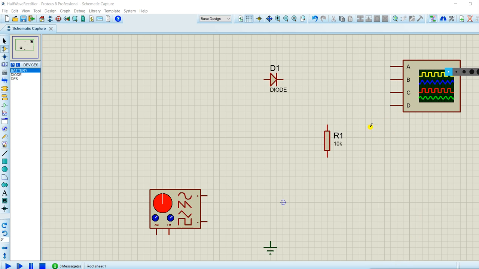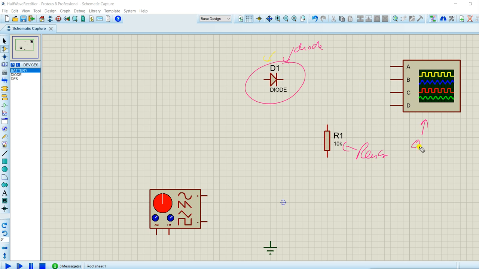Now we can see this is the Proteus software. Here now what we have to do is join the connections. But before joining the connections, let us see all these components. This one is our diode, okay, and this is our resistor.